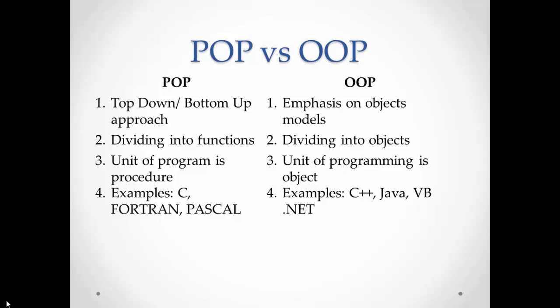The unit of program is the procedure in POP, and on the other side in OOP there is always an object. In POP, that is procedural programming, some of the languages that follow the traditional approach are C, Fortran and Pascal. And OOP languages, as you know, are C++, Java, VB.NET and many others.